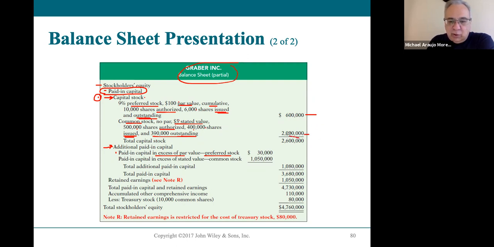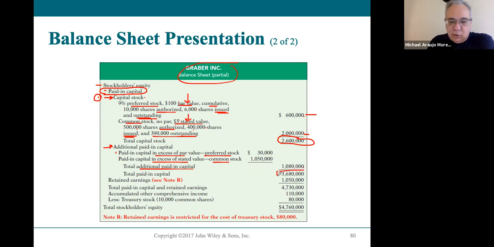So total capital stock is the par value of both the preferred and the common stock added together. They clearly raised more money than this because here they have paid in capital in excess of stated for common stock. Okay. So now their total additional paid in capital is all the money they've raised above the par or stated values, which are totaled here as 1,080,000.